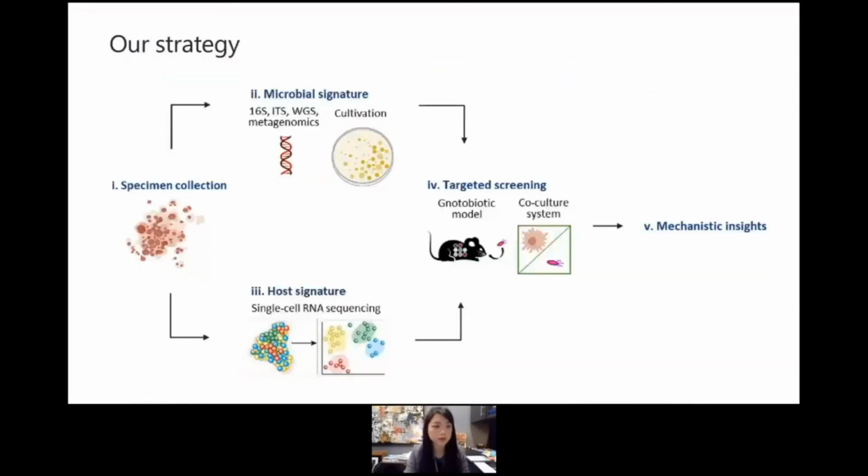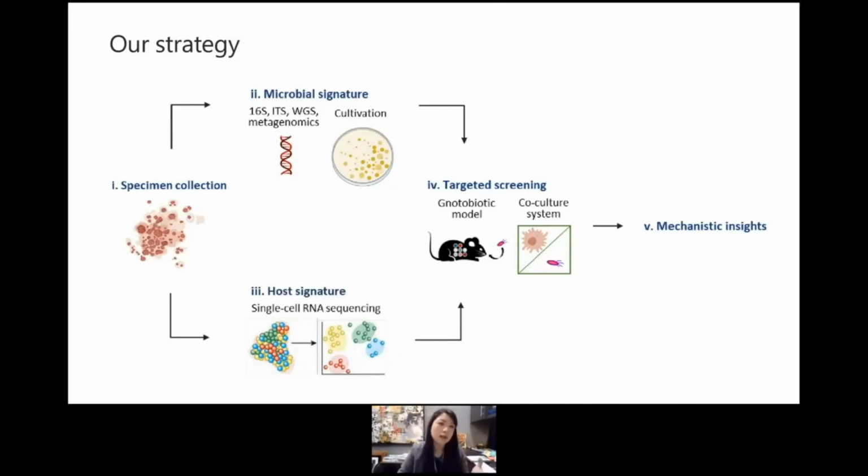And so this is the strategy that we use in the lab. We use several high-throughput sequencing techniques to identify microbial as well as host signatures in disease states. And these approaches actually help us narrow down the potential microbial as well as host players.